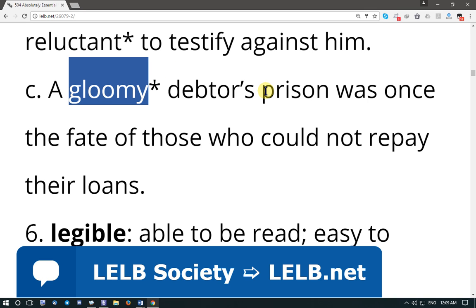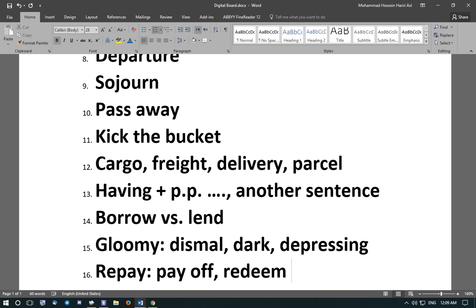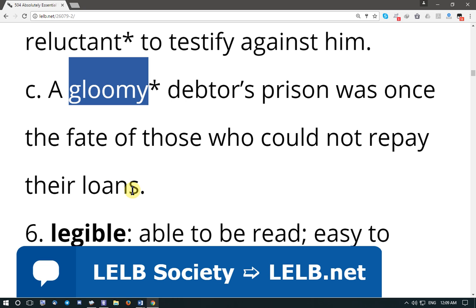Okay, it's clear. A prison for debtors was once the fate or destiny or the ultimate condition or place of those who could not repay their loans, or redeem, pay off, redeem. So if they couldn't just pay their loans off, they would end up being imprisoned.